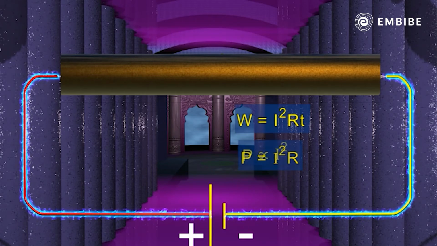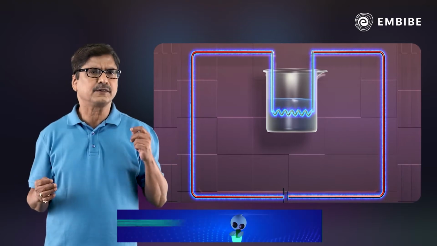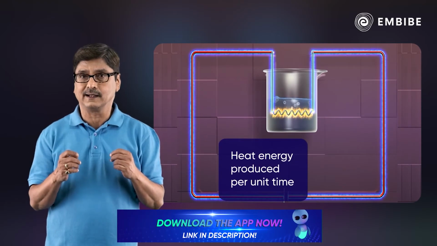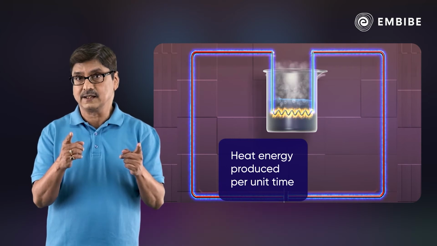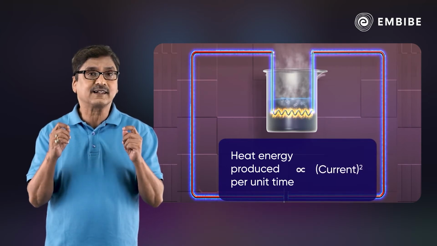The heat energy produced per second is P is proportional to I square. The heat produced per unit time when passing an electric current through a conductor at a given temperature is directly proportional to the square of the current.